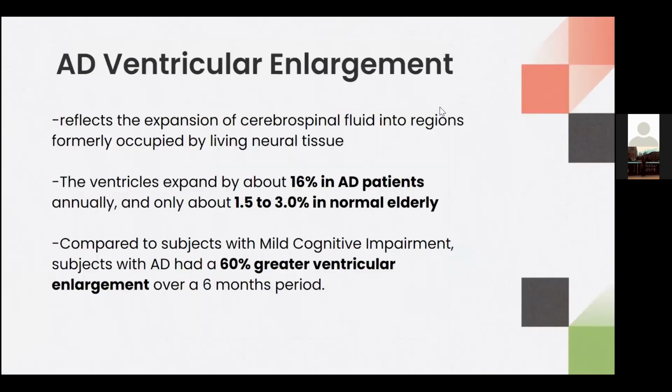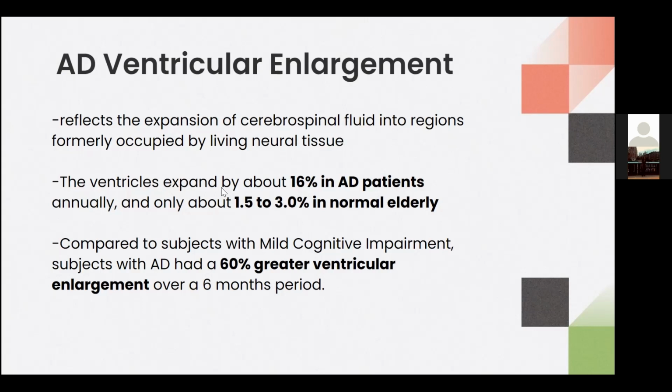So Alzheimer's ventricular enlargement reflects the expansion of cerebrospinal fluid into regions occupied by living neural tissue. And this just means that as the ventricles get larger and larger, the fluid in these regions also expands into these living tissues where they usually are, and this can cause damage to the brain, and we're going to talk about that later.